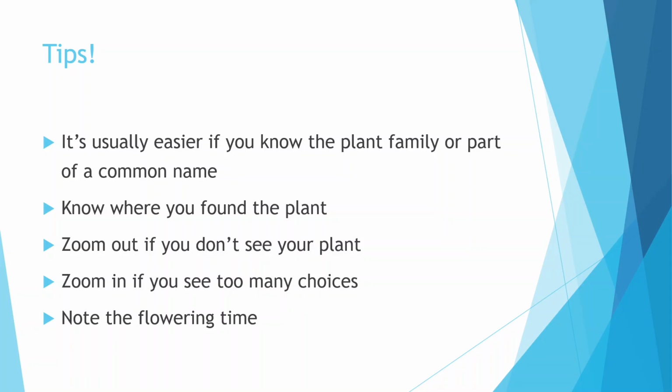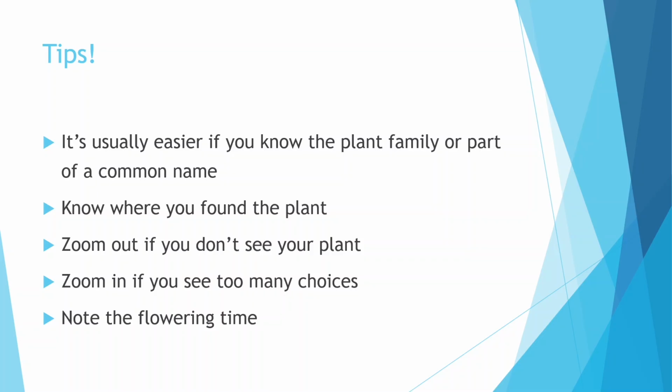I have some tips for you to use the site. So if you know anything about the plant you're trying to identify, maybe the plant family, or maybe you even just know part of the common name, it's going to really filter down and reduce the number of options that you have to scroll through. If you just go to a spot and pick a plant, we've got a lot of plants in California, and you may have 1,000 plants to scroll through.